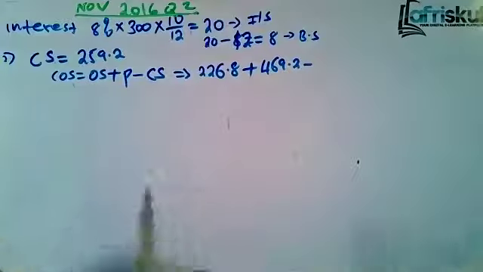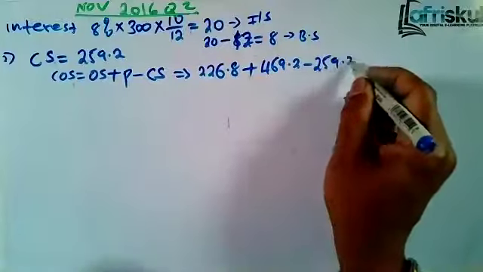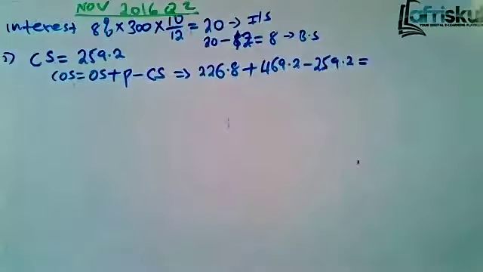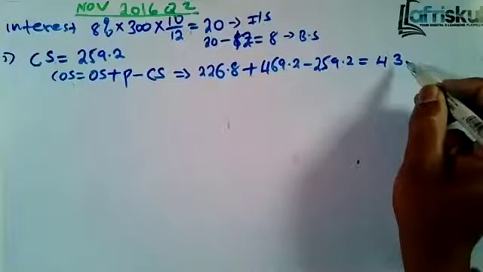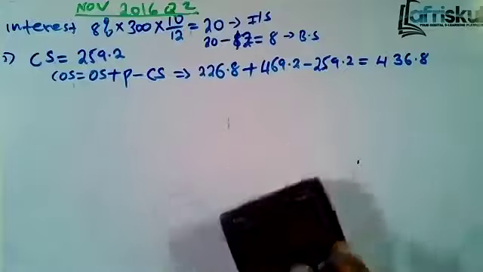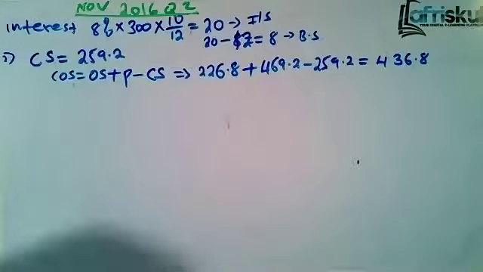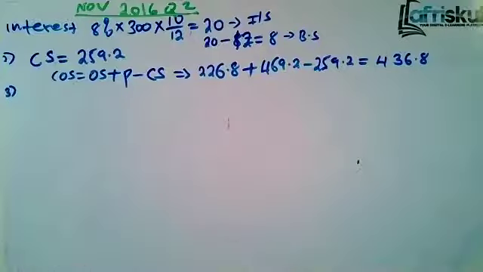Then you deduct the closing stock, which was 259.2. If you compute that, you get the cost of sales as 436.8. Let me repeat: if you are given the closing stock in the additional information, it is so that you can determine the cost of sales. And the cost of sales is opening stock plus purchases minus the closing stock.